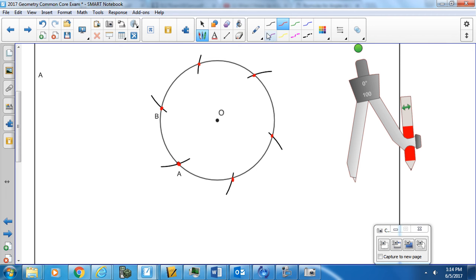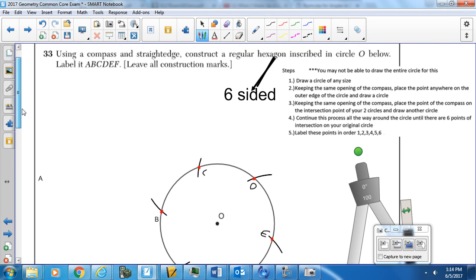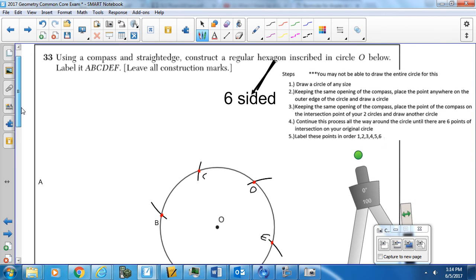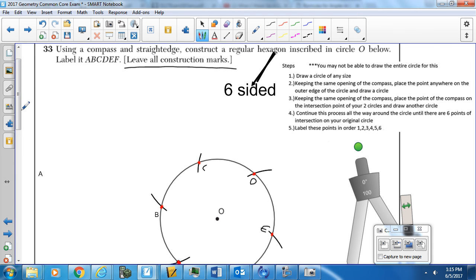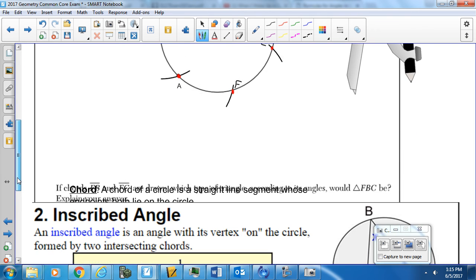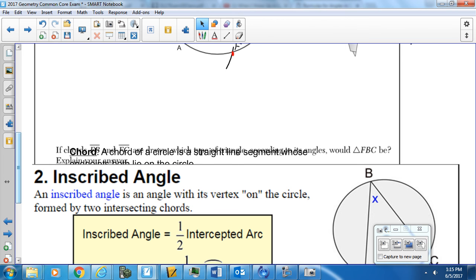It's going to be a lot faster. So we labeled it. Now that's the first part. Also, it says leave all construction marks, so you don't want to erase the arcs that you made. Okay? Now, next thing, at the bottom, a couple things.